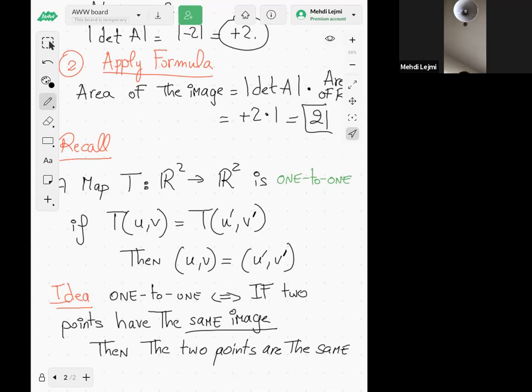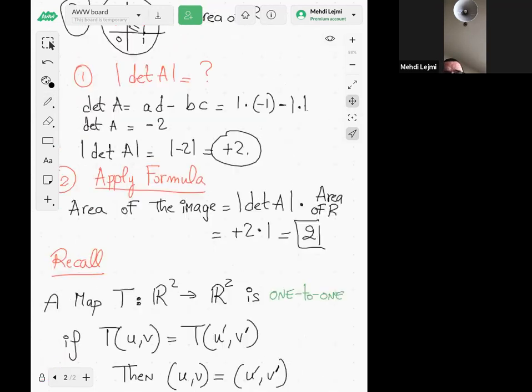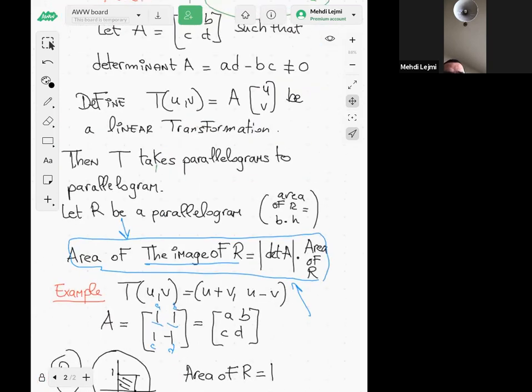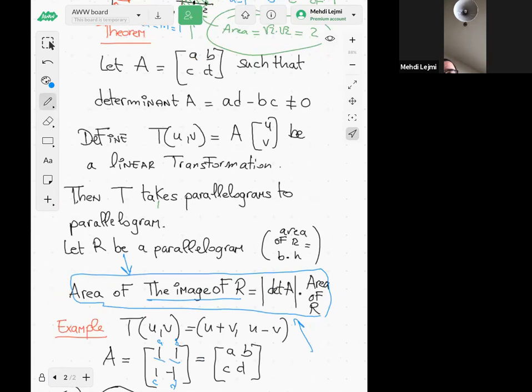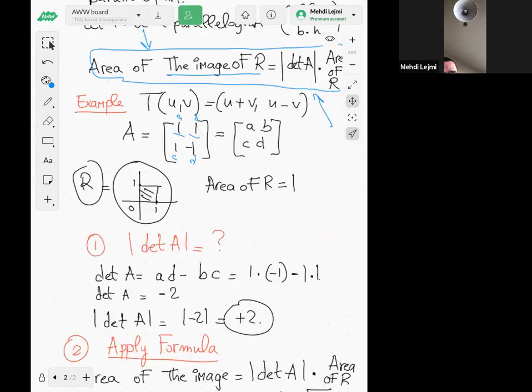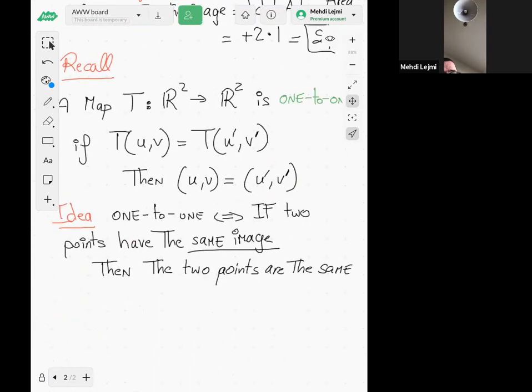And actually, you may ask why we have the condition in this theorem that the determinant of A is non-zero. Well, the determinant of A being non-zero means that the transformation T is one-to-one, and this is not really hard to prove.